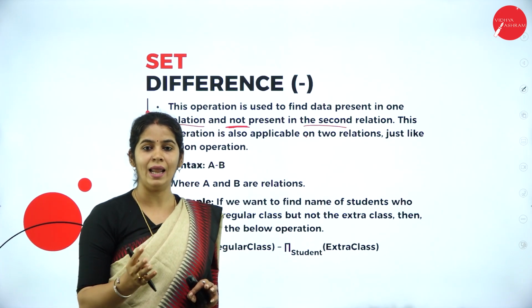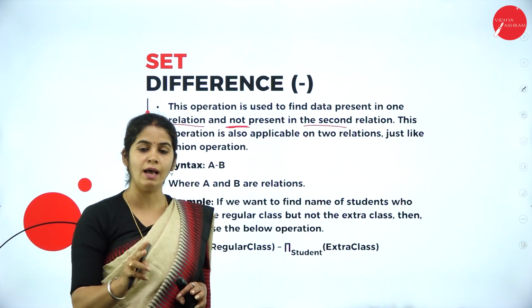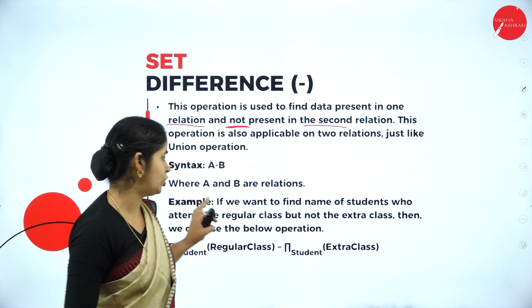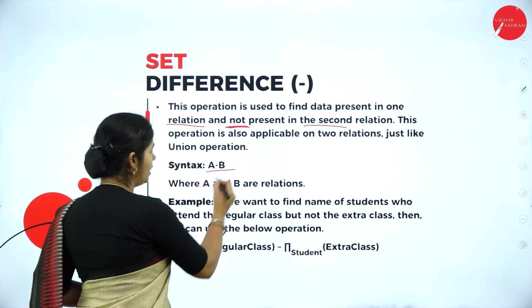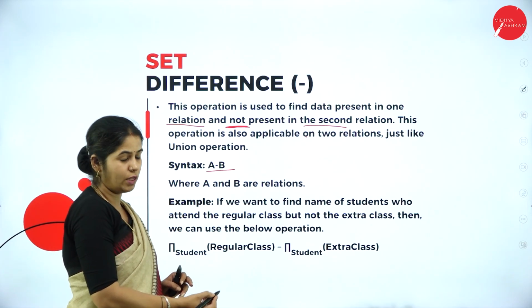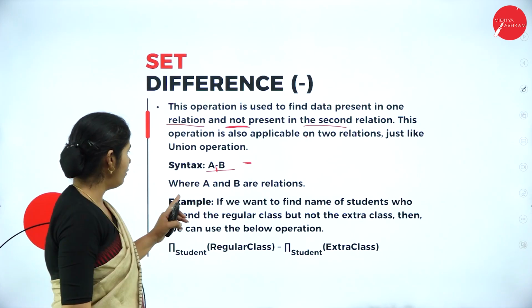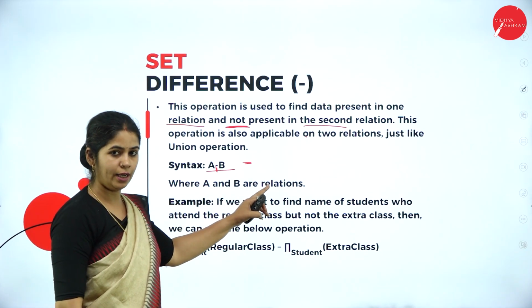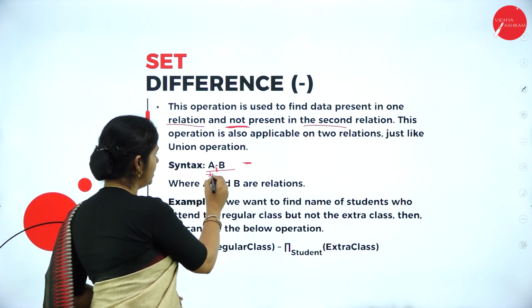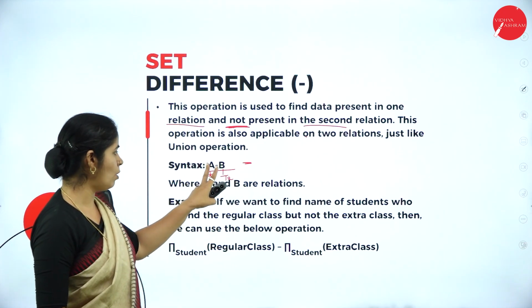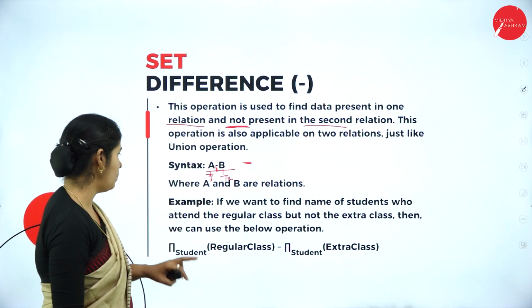Like the union operation, we must have two tables to operate this particular operation. The syntax is A minus B, that is difference. We represent difference with the minus symbol, where A and B are relations: A is table 1 and B is table 2. We are performing this operation on two tables.